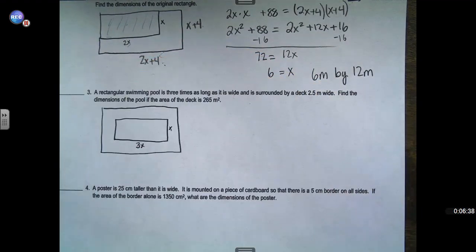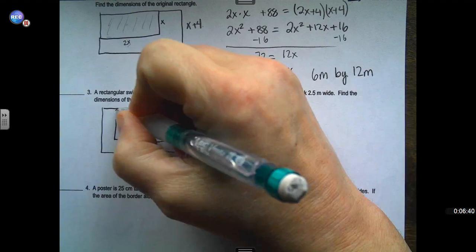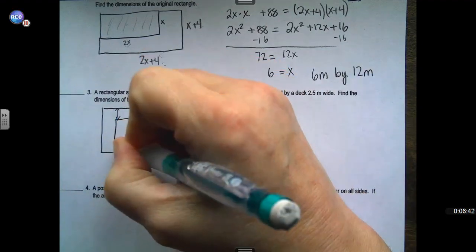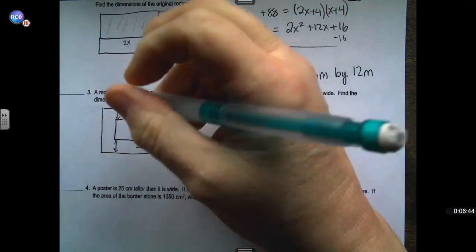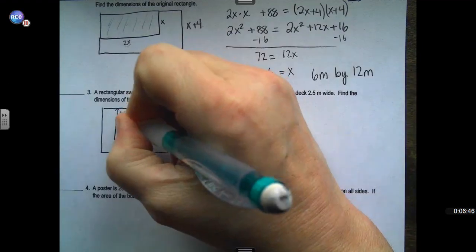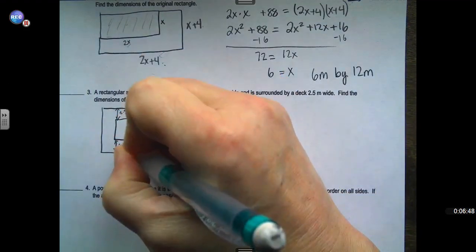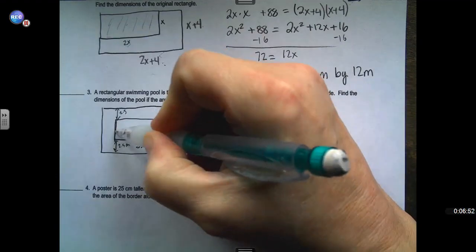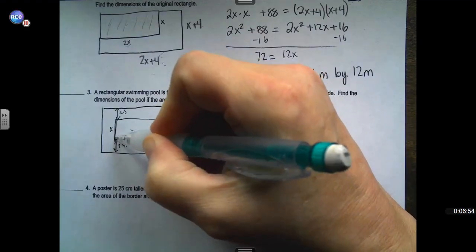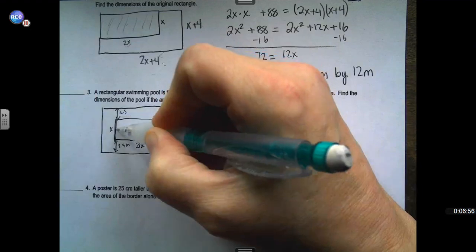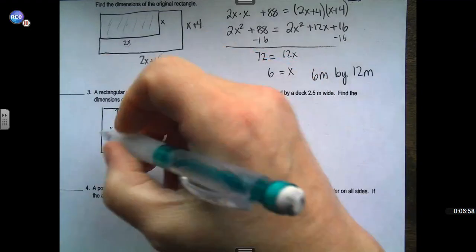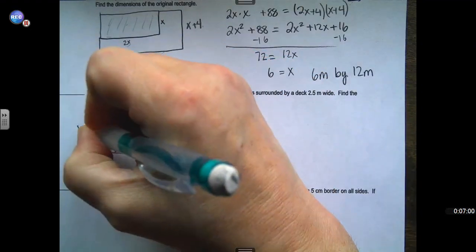So in other words, the distance between here and here, and the distance between here and here is 2.5 meters. So it's like I'm taking x and adding 2.5 and 2.5 to it. So the dimension out here is going to be x plus 5.